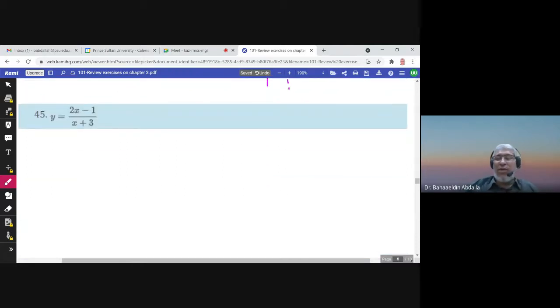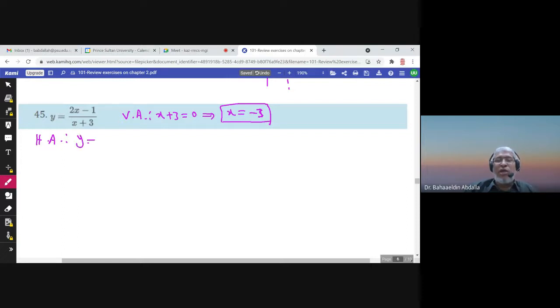What about this function? For the vertical asymptote, we put the denominator equals to 0 and we solve the equation. We get the equation of the vertical asymptote. So x equals -3 is the vertical asymptote. For the horizontal asymptote, if we have the same power, here we have x to the power 1 and here we have x to the power 1.